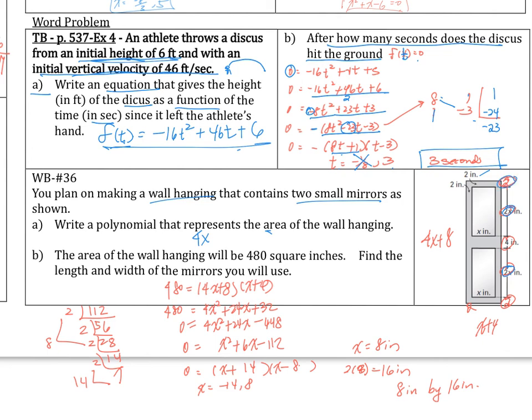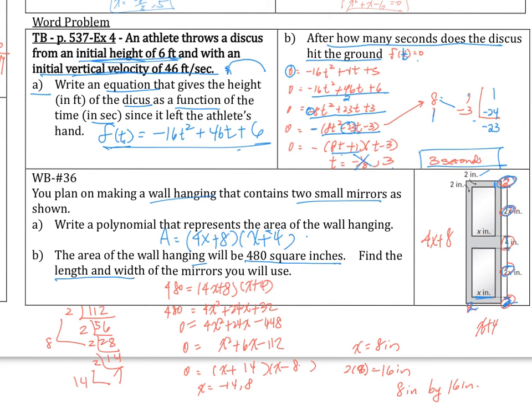And I can take 2, 4, and the 2 here, to get 8, and add it together to get the entire height here, or width. So the area is represented by 4x plus 8 times this part, the length, x plus 2 plus 2, which makes x plus 4.